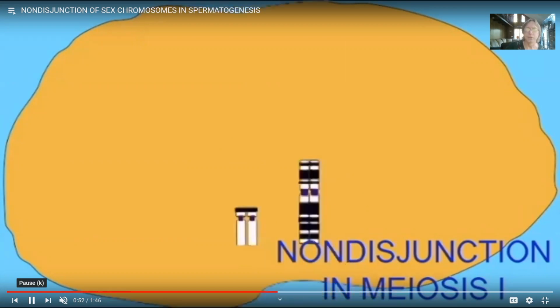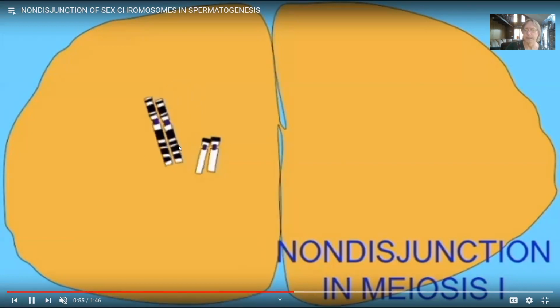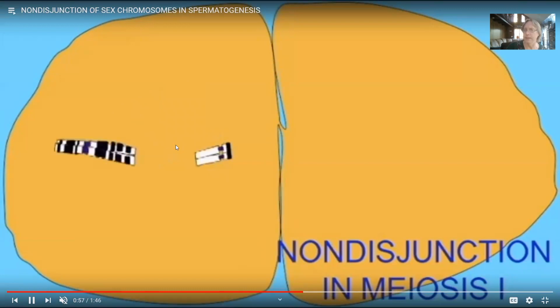If non-disjunction occurs, notice that this was a non-disjunction. These chromosomes should have gone to the opposite pole, but they did not divide equally. This occurred in the first round of meiosis, meiosis 1. As a result, this is going to split into two, and now both of them will be missing a sex chromosome, while the two daughter cells resulting from this cell will now have an extra one.